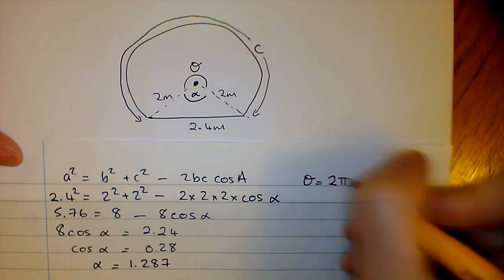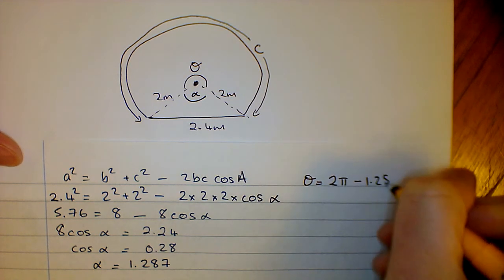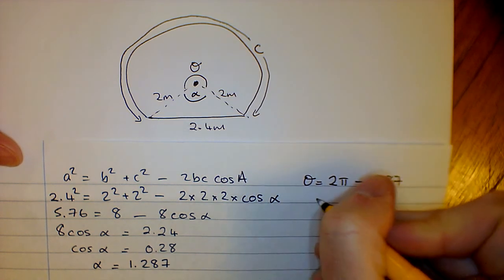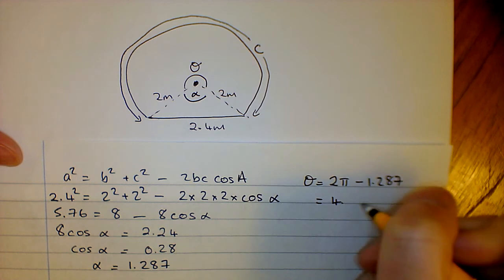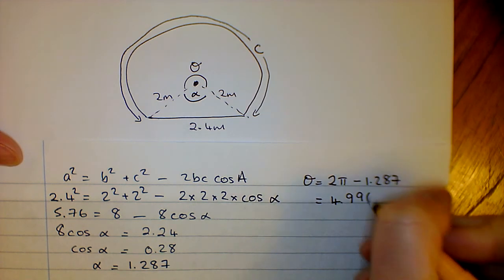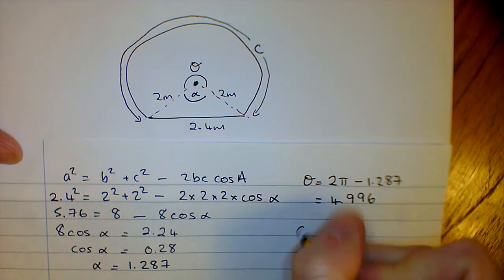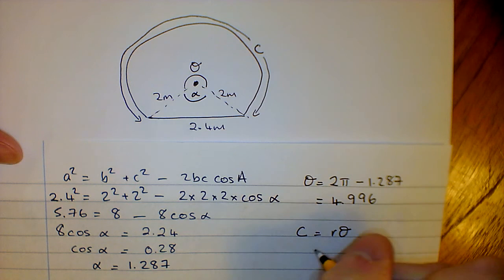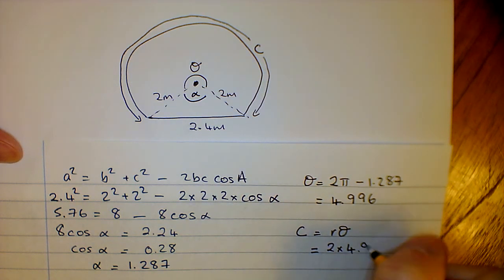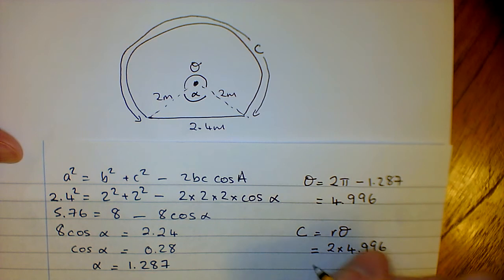So theta is 2 pi minus 1.287. So it's 4.996. And then to get C, we're using r theta. So our radius is 2. Our theta is 4.996. And we get 9.99 meters to 3 significant figures.